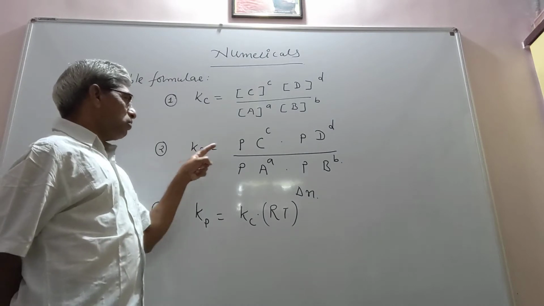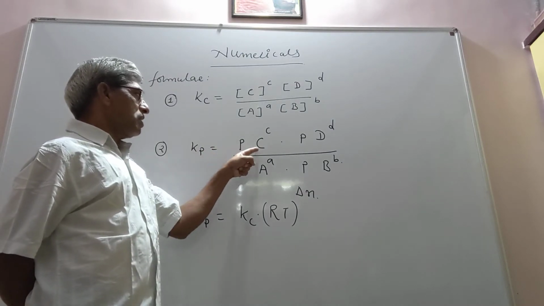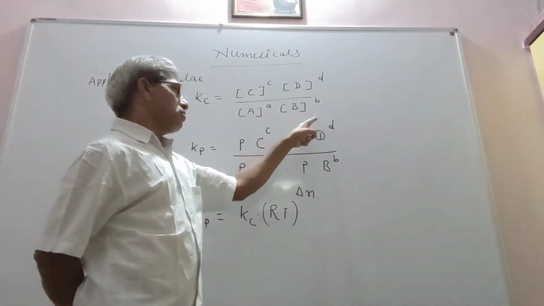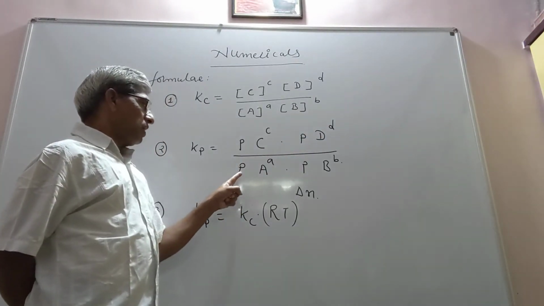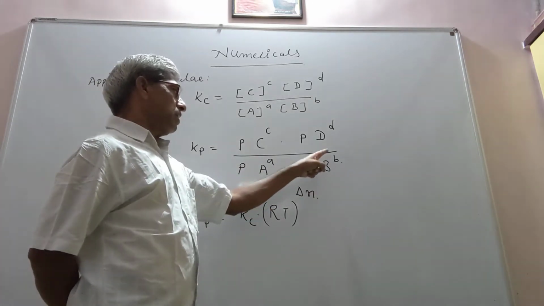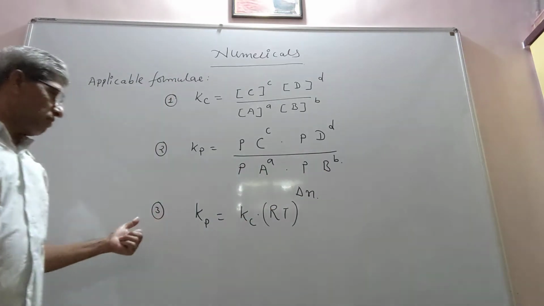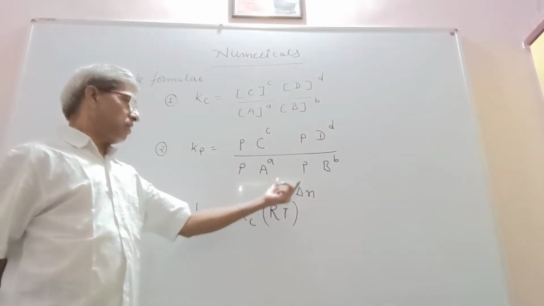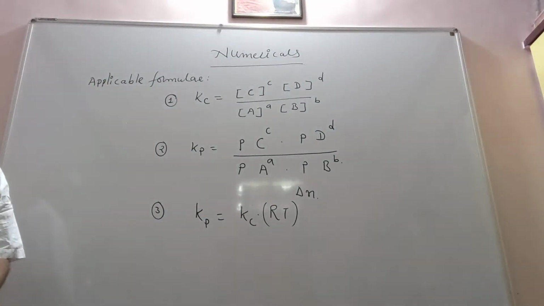Kp equal to P C raised to c into P capital D raised to d, upon P capital A raised to a, P capital B raised to b. And third formula, Kp equal to Kc RT whole raised to delta N.